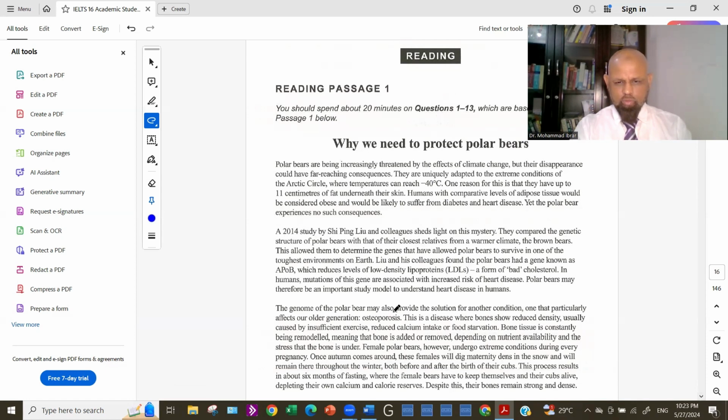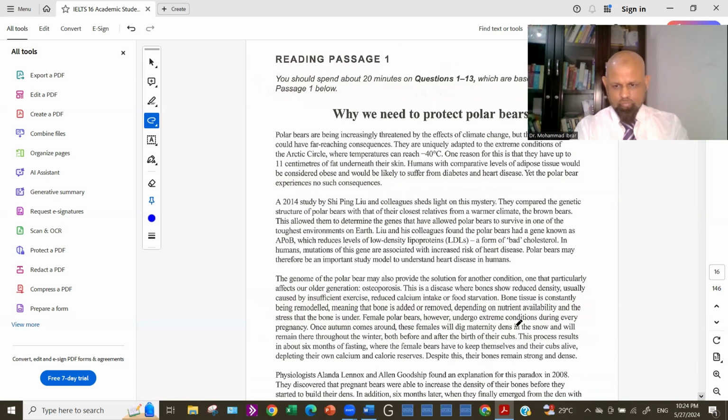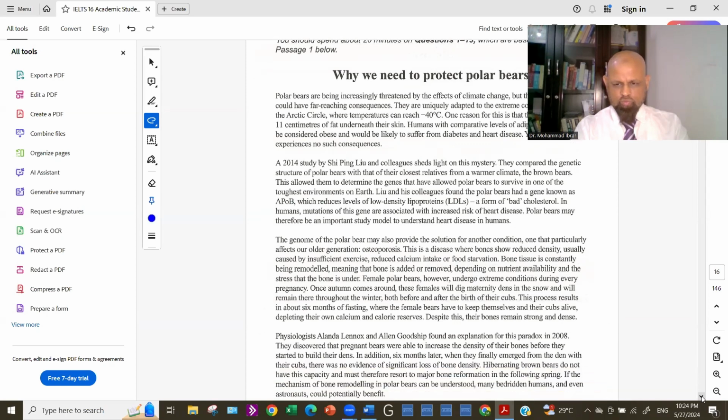The genome of the polar bear may also provide a solution to another condition that particularly affects the older generation, osteoporosis. In between, you may scan some of the keywords as well. Process levels, about six months fasting, and the life. That's why these bones remain stronger. So it's about bones.